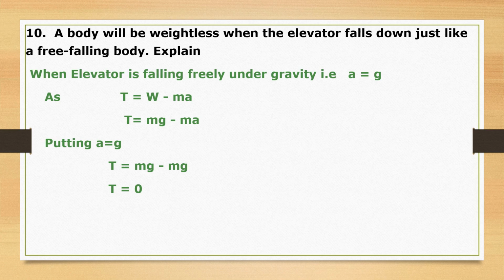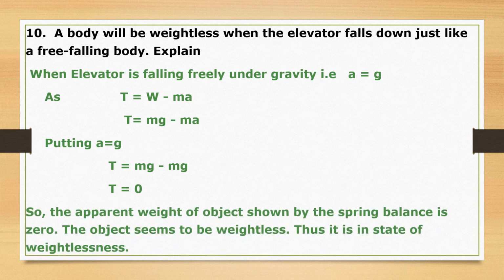So in a spring balance, the reading in the spring is obtained by the amount of tension created in the spring. Since there is no tension in this case, the total weight of the elevator will appear as 0.